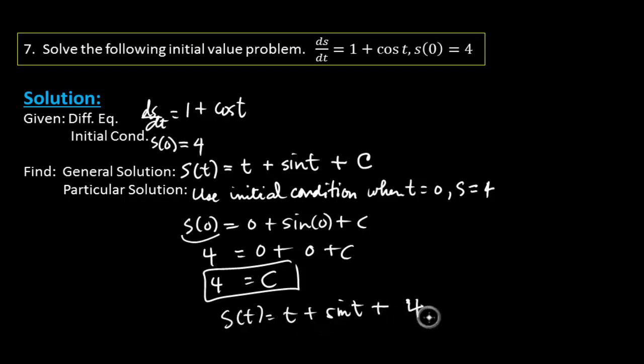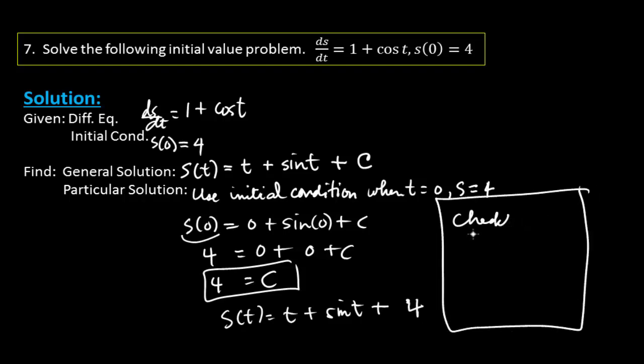And how do we know whether we got the right answer? Differentiate. So to check, always check. What is ds by dt? It's equal to 1, because the derivative of t with respect to t is 1, and the derivative of sine of t is cosine t.